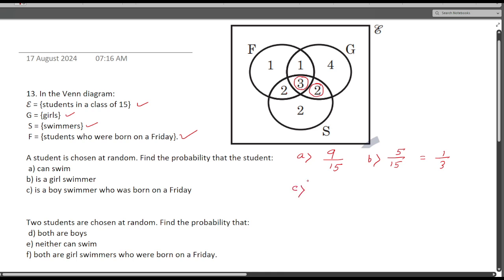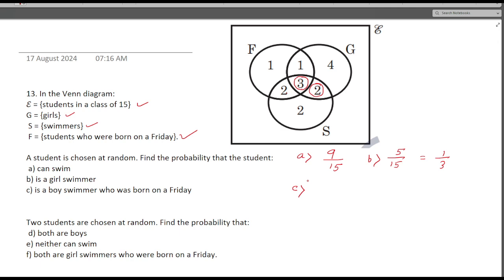And C is a boy swimmer who was born on a Friday. Is a boy swimmer. So boy swimmer, if you see, is a boy swimmer. Now when we say is a boy swimmer, first of all, the person is not a girl. The student is not a girl.